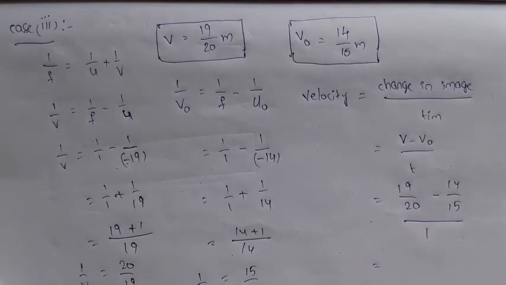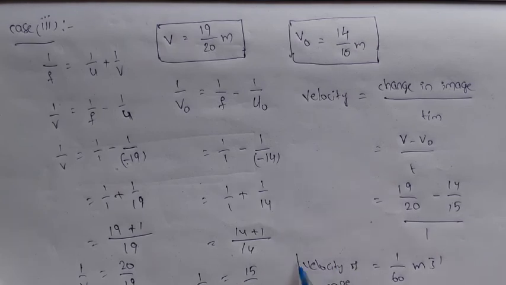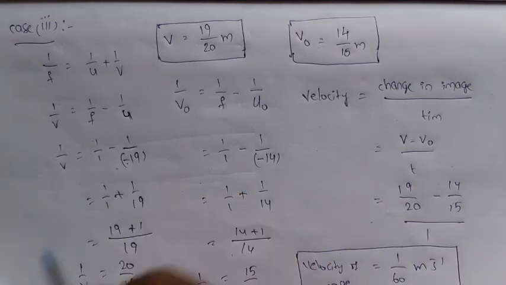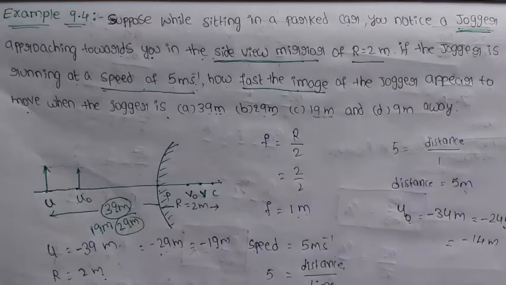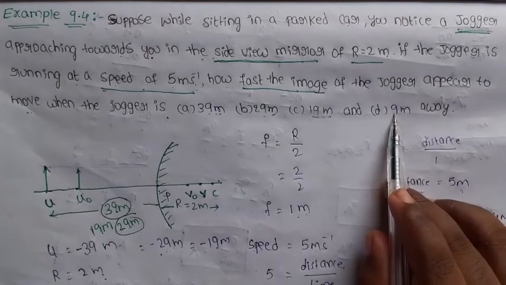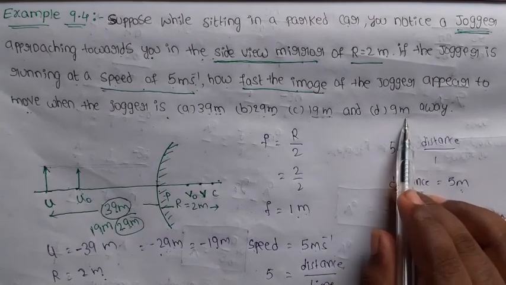So find out this value. 1 by 60 meter per second, that is the velocity of image. Okay, so the jogger at distance of 19 meter, velocity of the image is 1 by 60 meter per second. Next case, in the next case, jogger is at 9 meters away.